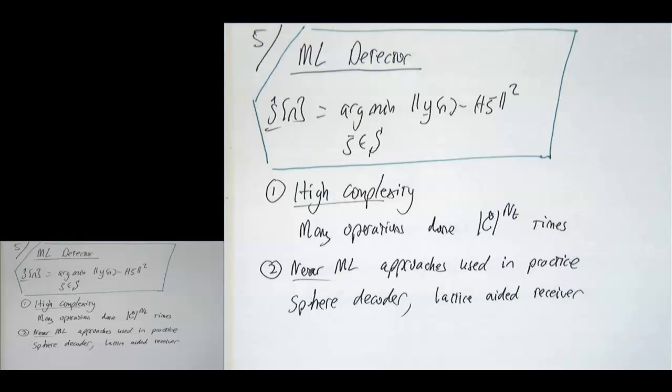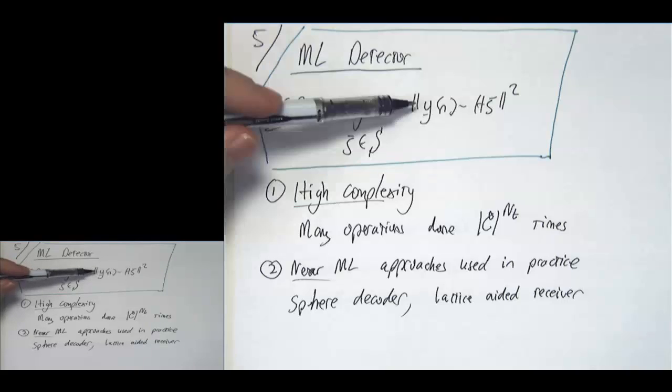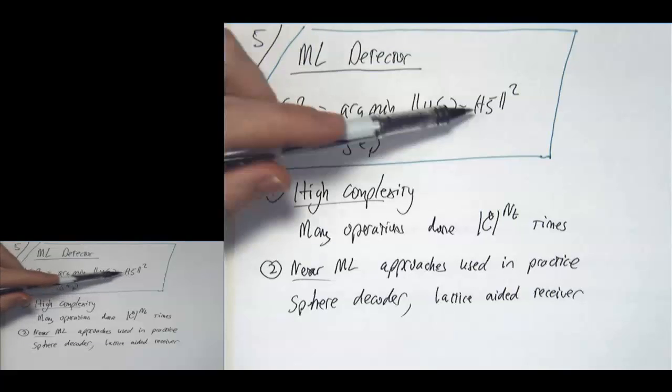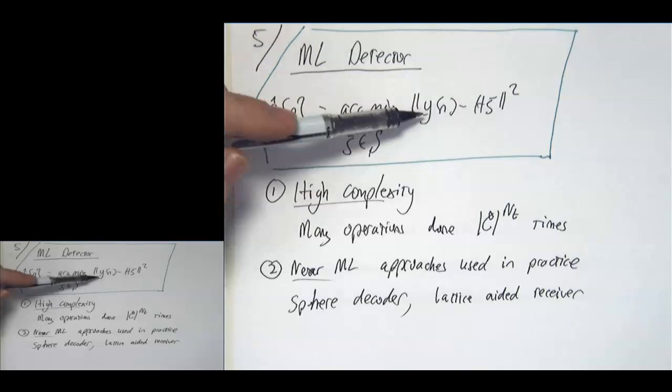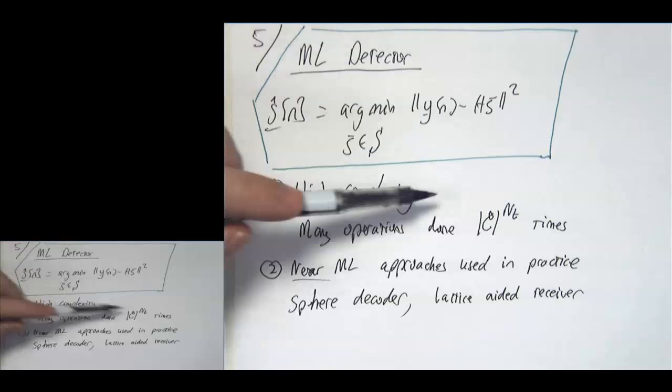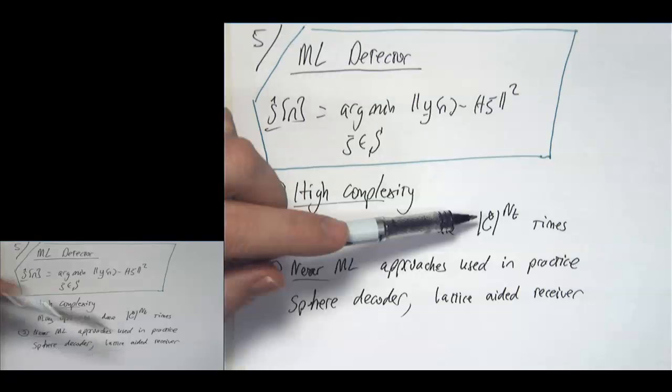Well, it's two things. Before, we had an absolute value squared here. Now, if you pre-compute this, you've still got NR absolute value squareds, and you have to do this C to the Nt times. That's where the complexity comes from.